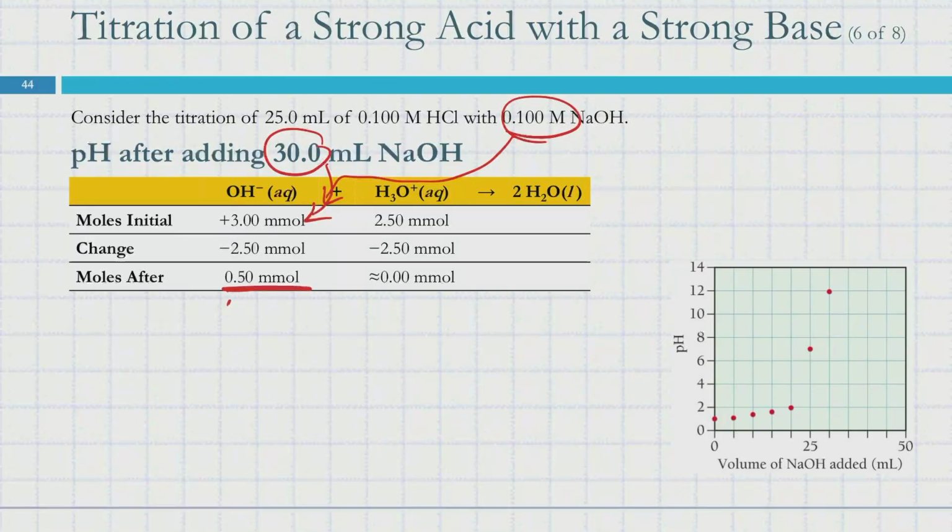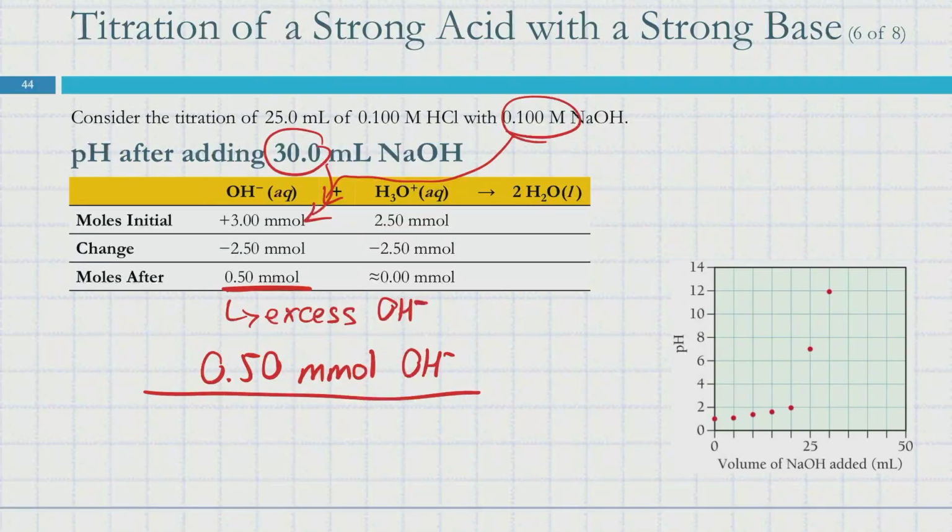And so we have excess hydroxide. We use up all of our H3O plus. We're past the equivalence point. We've got 0.5 millimoles left. So 0.50 millimoles of hydroxide.